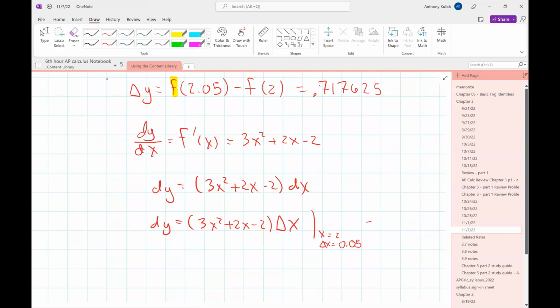So what do we have here? This is about 0.7.